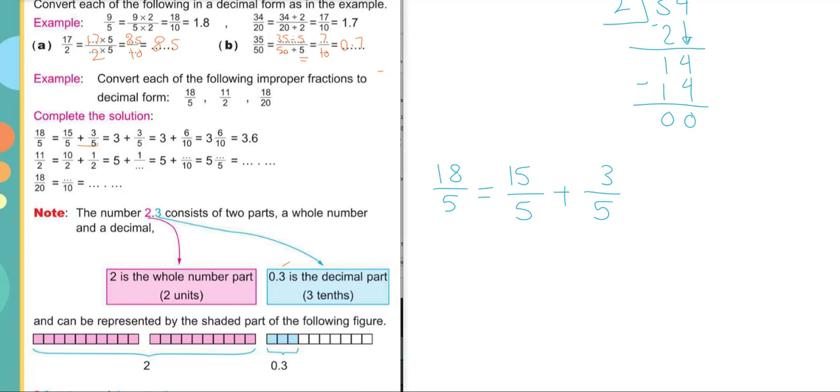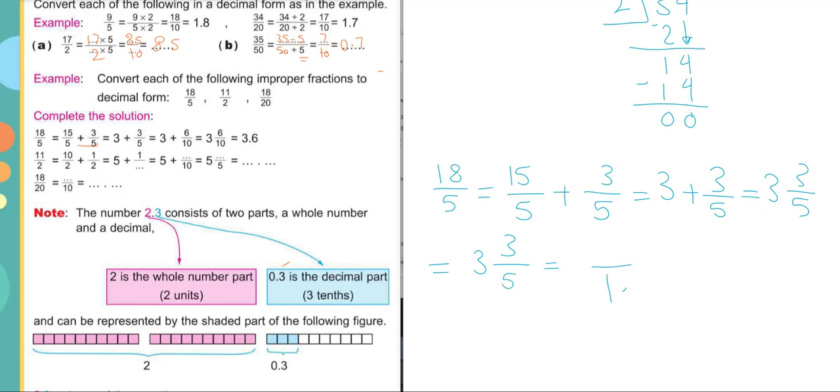15 over 5 equals how many? Equals 3, plus 3 over 5. So it equals 3 and 3 over 5. But we want to put this in decimal form, so the denominator must equal 10.